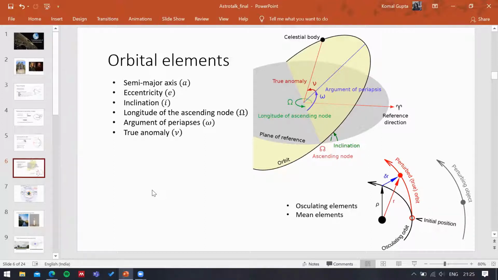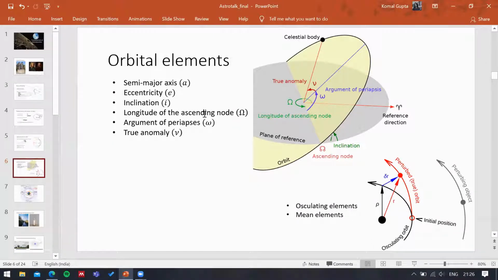There's also a seventh component, which is the epoch at which these elements are defined, and that is basically the time at which these elements are defined. So there are 2 elements here, semi-major axis and eccentricity, that basically define the size and shape of the orbit itself. So these are parameters that come from an ellipse, and they give the size and shape of the ellipse.